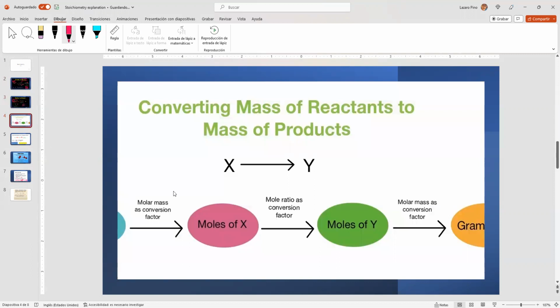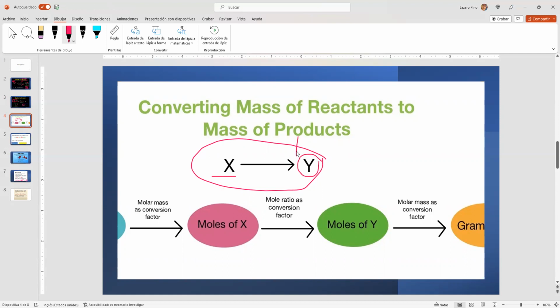In the third case, well, we are using the mole ratio between two substances in a chemical reaction. Remember that in a chemical reaction, you have the reactants to the left and the products to the right.